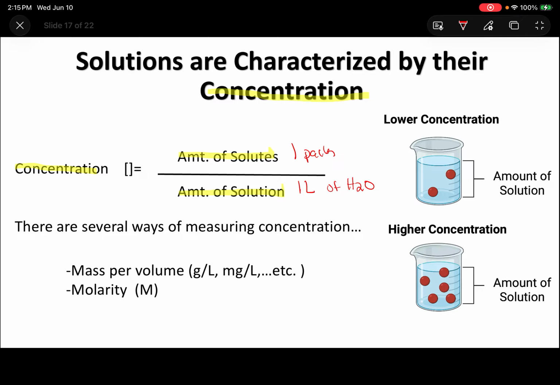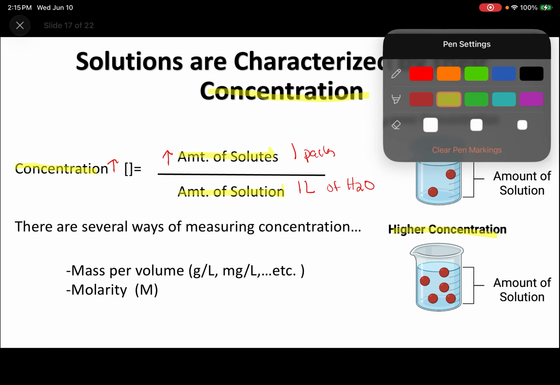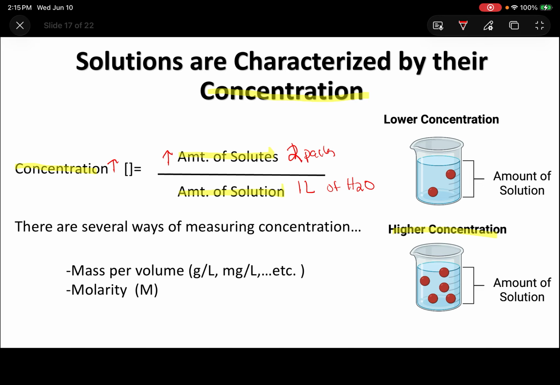Now, if we increase the amount of solute, that means we increase the concentration. So things that have a higher concentration, okay, are going to have a higher amount of the solute. There's going to be more. So let's say, for example, I put 2 packs of Kool-Aid into 1 liter of water. That is a more concentrated form of my Kool-Aid drink.